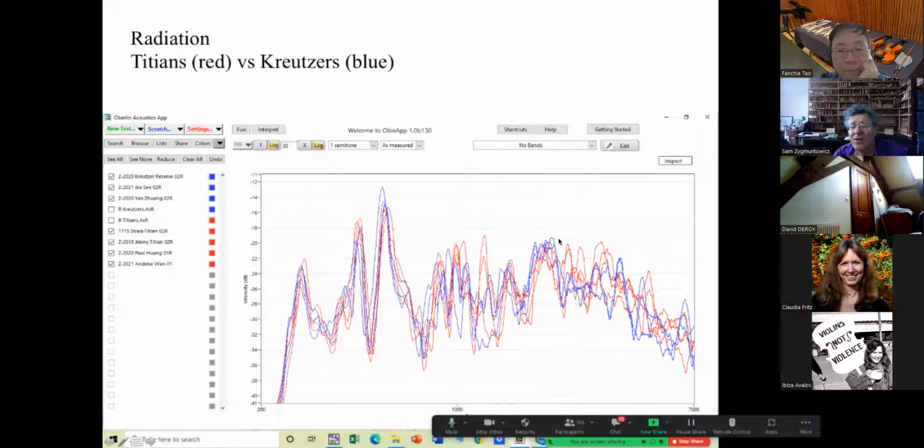So the Kreutzer models are quite strong there, and they're also pretty low here in the transition hill presence region, which are all things that I would sort of expect. So you'd expect the Kreutzer models to be a little smoother because they're lower in the projection transition region. And interestingly, the Kreutzers are kind of a little bifurcated. Some of them have a second high hill that extends a little further.